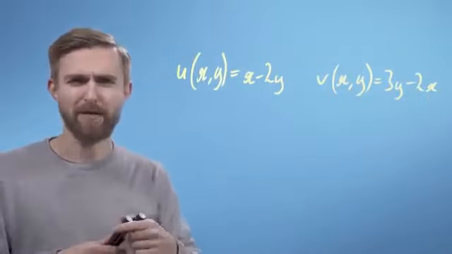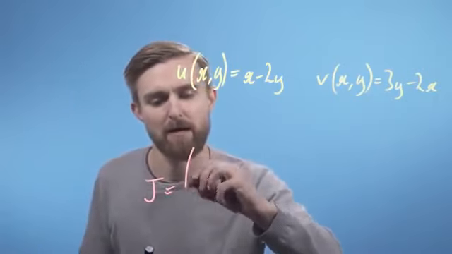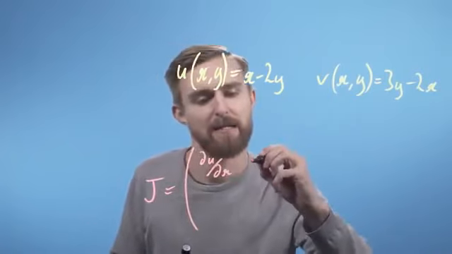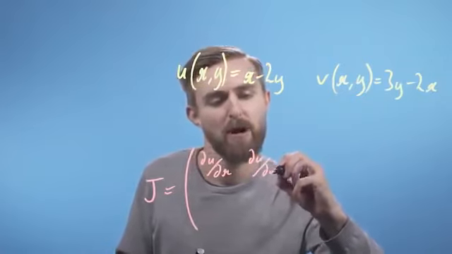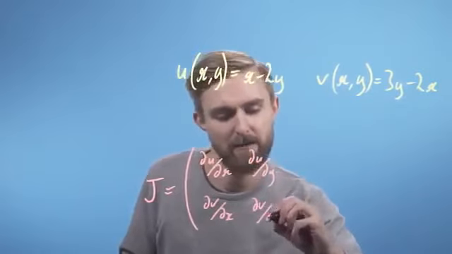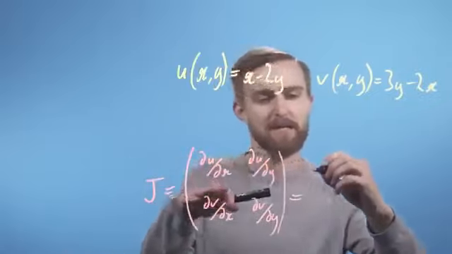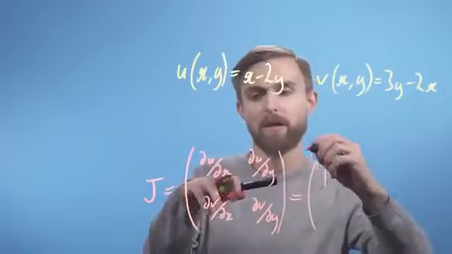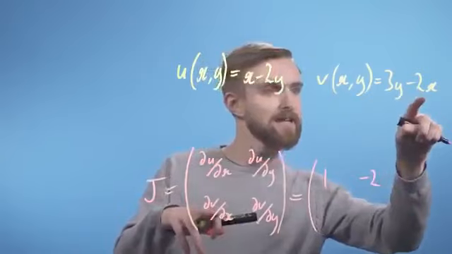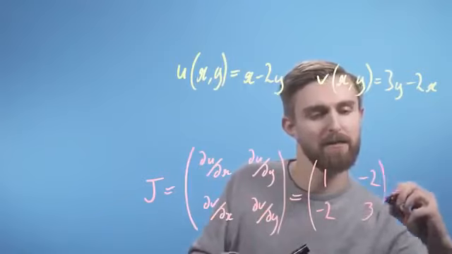We can build the Jacobian from these two by simply saying, well, the Jacobian is going to be, let's open some big brackets and say, well, it's du dx, du dy, dv dx, dv dy. So let's just work through it. So du dx is just going to be 1. du dy is just minus 2. dv dx is minus 2 again. And dv dy is 3.